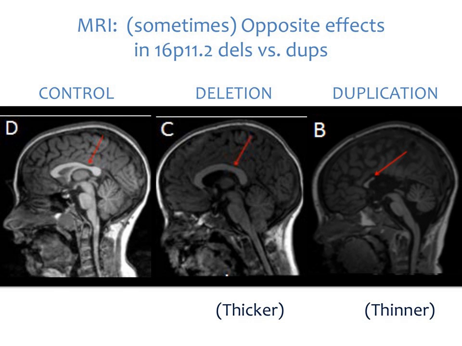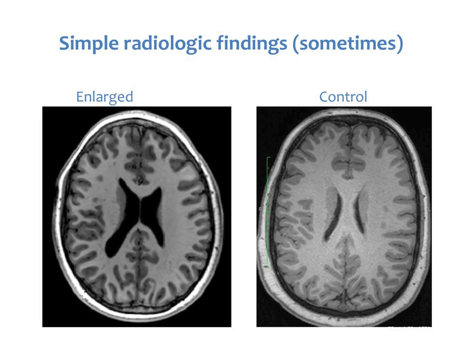That's the bundle of fibers that connects the hemispheres of the brain, that normally has a certain appearance, can be sometimes a little thicker, particularly in the 16p11.2 deletion carriers, and sometimes a little thinner or even absent in the duplication carriers. So here is the first example of opposing effects, where we see something thicker in the deletions and thinner in the duplicates.